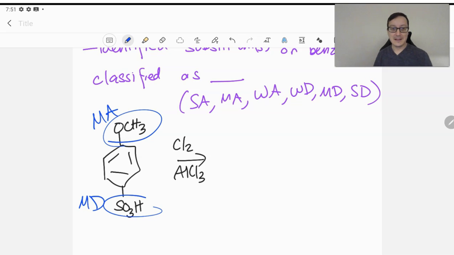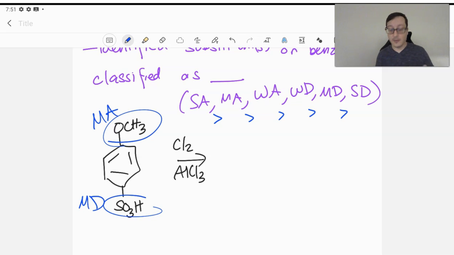I'll tell you. The strongest activator guides the reaction. So we need to follow this hierarchy. Our strong activator will always make the call. Our strongest activator, whatever it may be. These are all relative to each other, right? A strong activator is stronger than a moderate activator. A moderate activator is stronger than a weak deactivator, right?